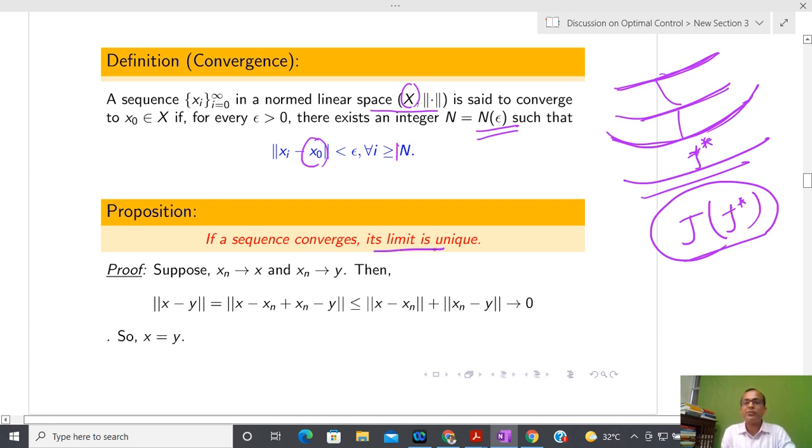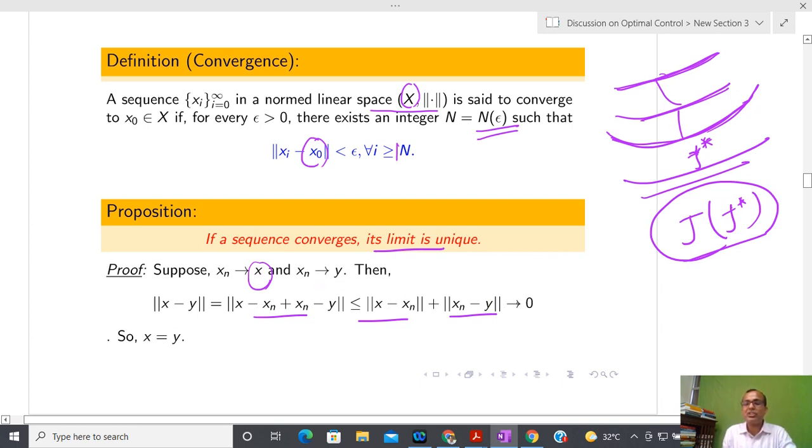Whenever you have to prove uniqueness, you can assume that I have taken two sequences in this space, and one is going to converge to x, another is going to converge to y. Now you can just show that x is y. If I calculate x minus y, I can add x_n and remove x_n, so I have x minus x_n and x_n minus y, and we know that x_n converges to x and x_n converges to y.